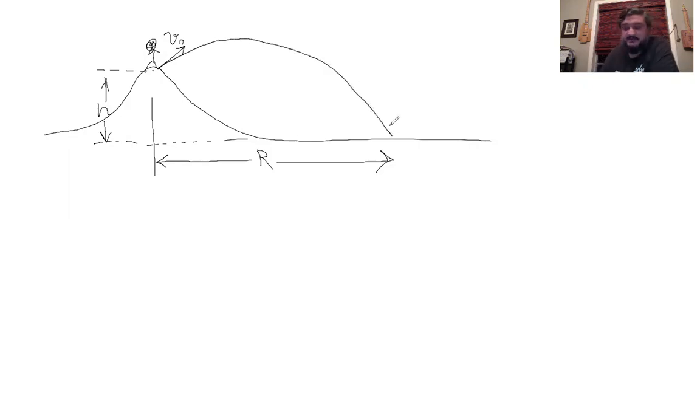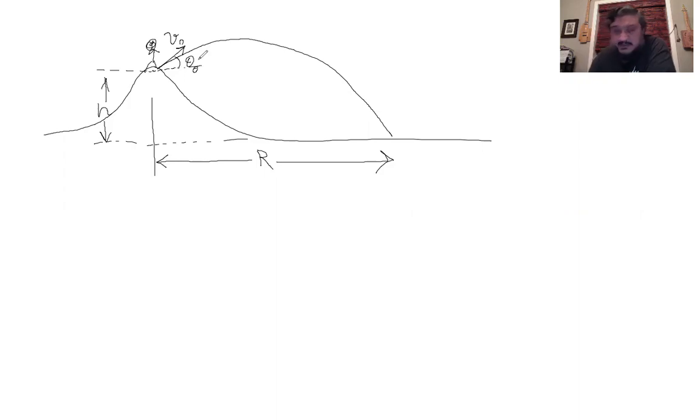Okay, it's better. So this velocity makes an angle theta naught with the horizontal. All right, that's our initial parameter, v naught, theta naught, and h.